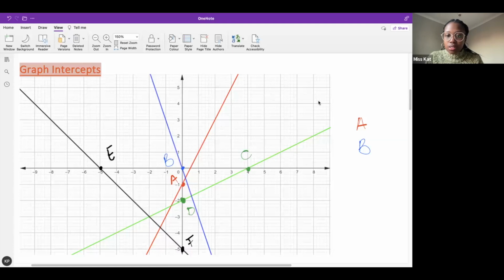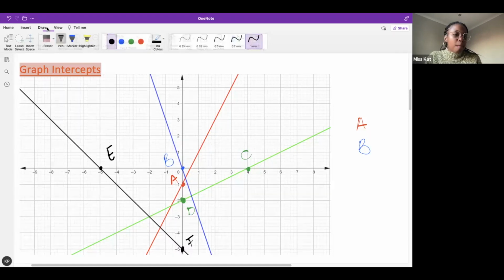I saw someone answered there at the bottom. Let's start with A, guys. What are our coordinates for A? A is over here.